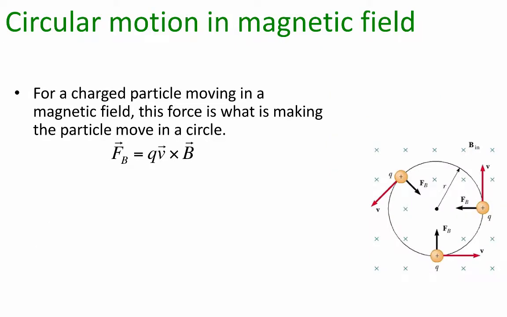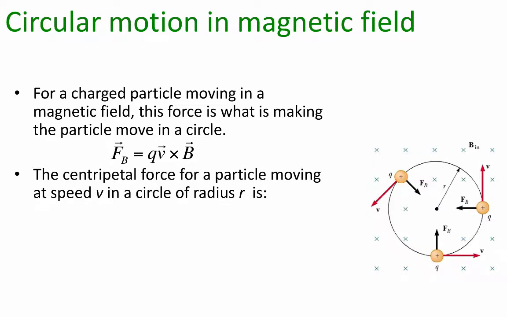All right, so we have a force, qv cross B, which is making the electrons move in a circle. And we know when anything moves in a circle that there must be some force acting on it. Well, that centripetal force is the magnetic field force.